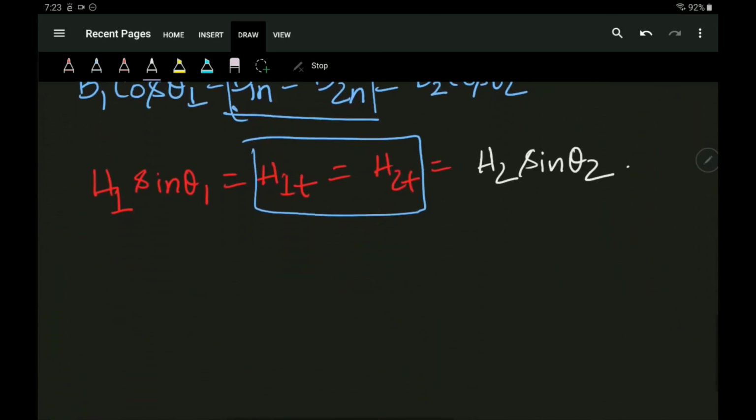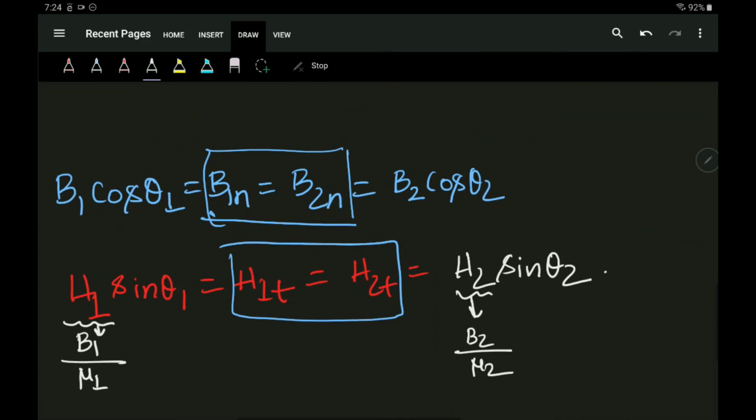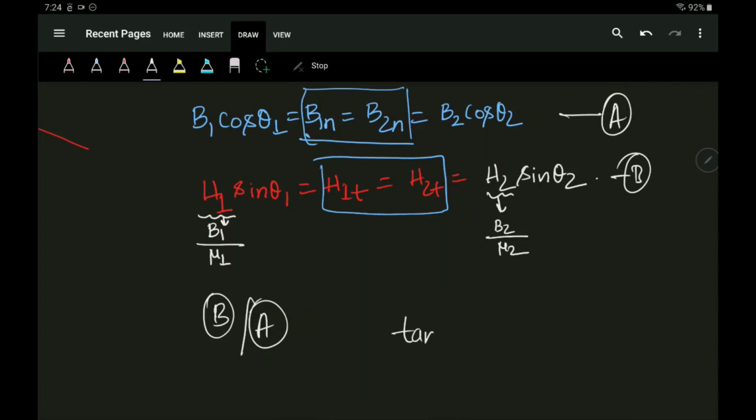So if I do this, you can see this H vector can be replaced by B1 by permeability. I'm replacing this whole thing with this. Again, I'm replacing this whole thing with B2 over mu2, and I'll call these equations A and B. Dividing B by A, I can get tan theta 1 over mu1 will be equal to tan theta 2 divided by mu2, since the B terms cancel off.